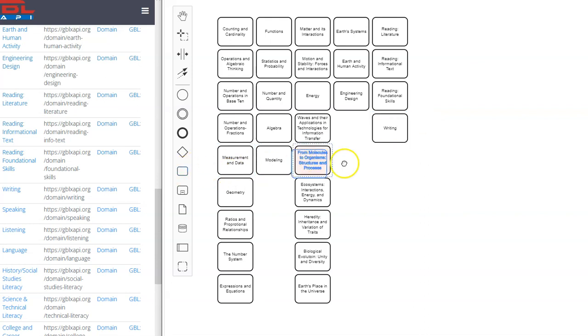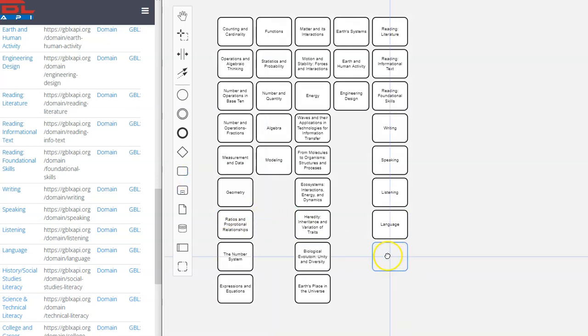Writing, speaking, listening, language, history or social studies, literacy, science and technical literacy.